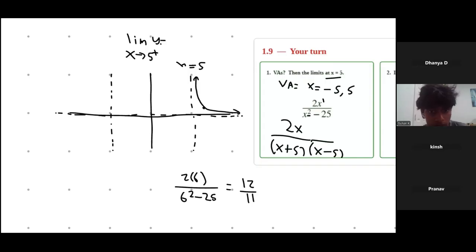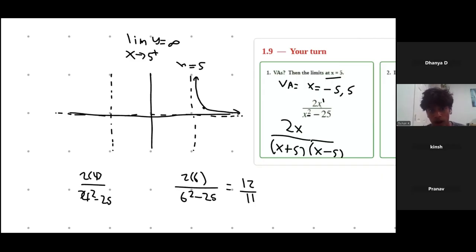Now let's plug in a point to the left of 5, 4. So we're going to do the same process. 2 times 4 over 4 squared minus 25. Again, we're just plugging in points for x. So we're plugging 4 for x.